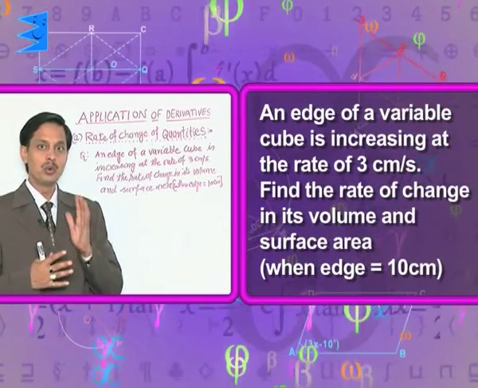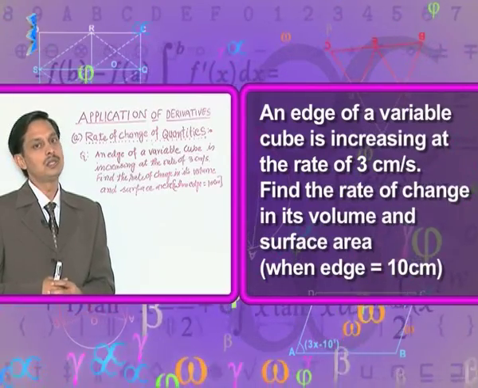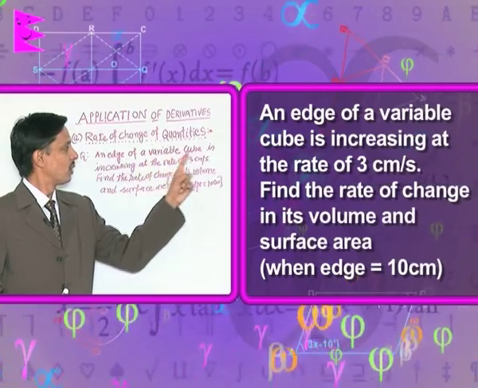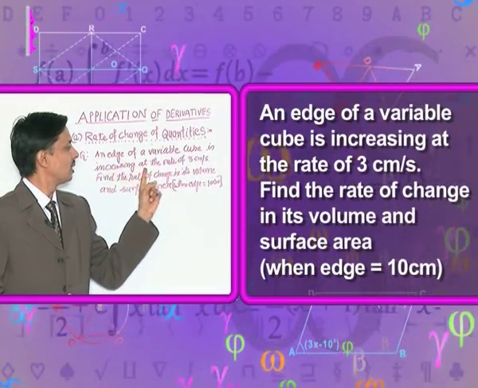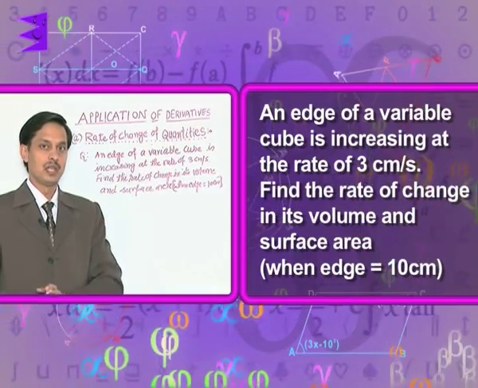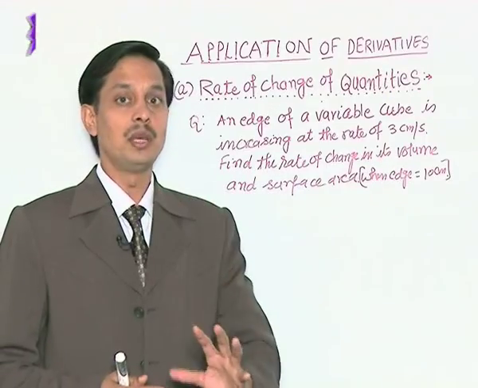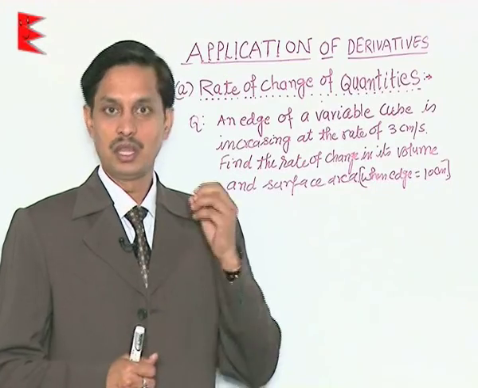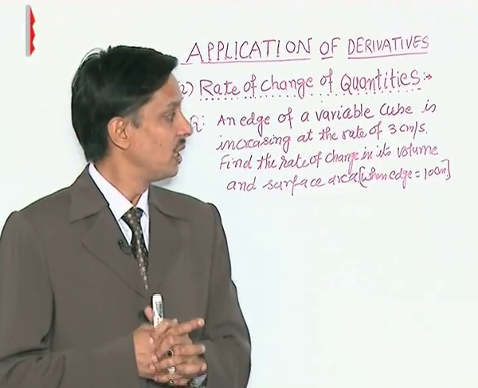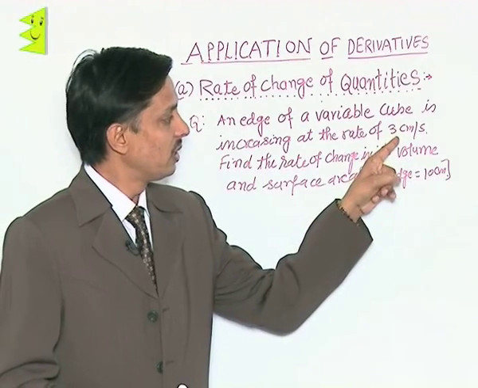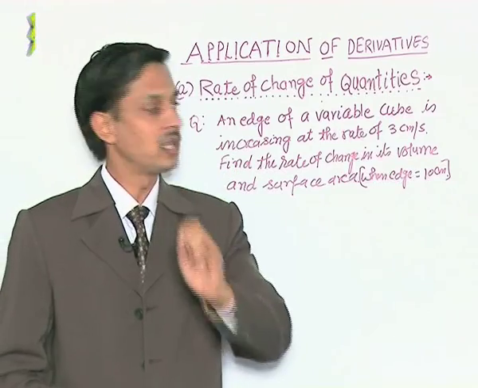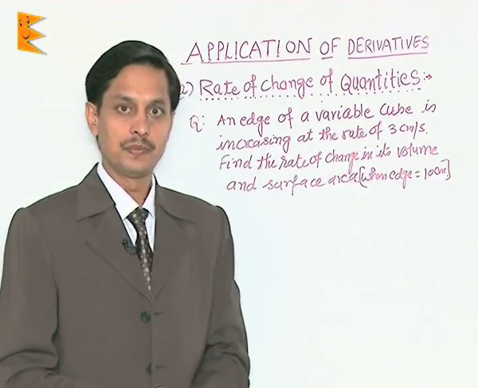A cuboid whose all edges are equal is known as a cube. The edge of the variable cube is increasing at the rate of 3 centimeter per second. Any cube which is heated, or any physical change is made in such a way that its edge is increasing 3 centimeter every second.